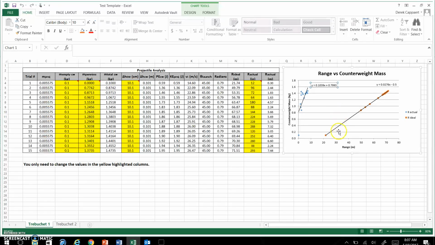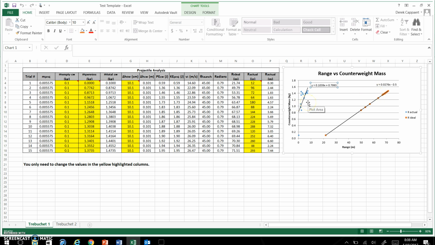So what this shows is a perfect world. This plots out the ideal. In a perfect world, this is how far it should throw, the range, with a given mass in the counterweight. So if you put 1.4 kilograms, it should have thrown about 70 meters.